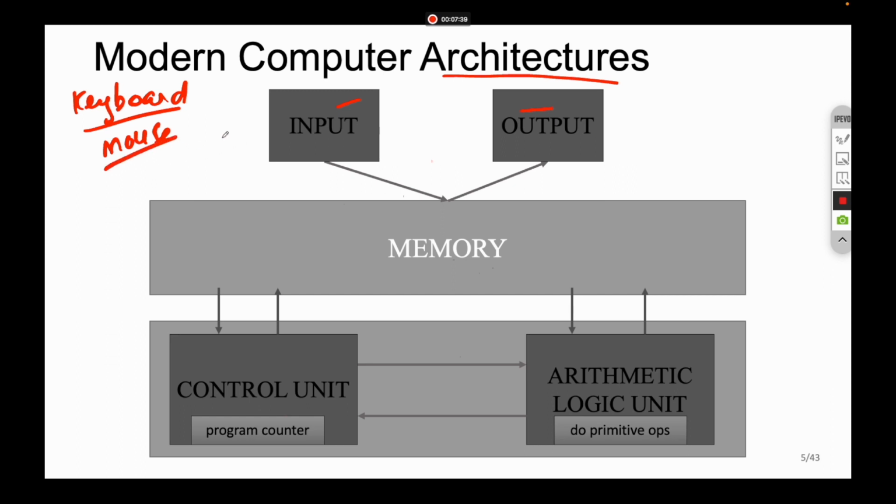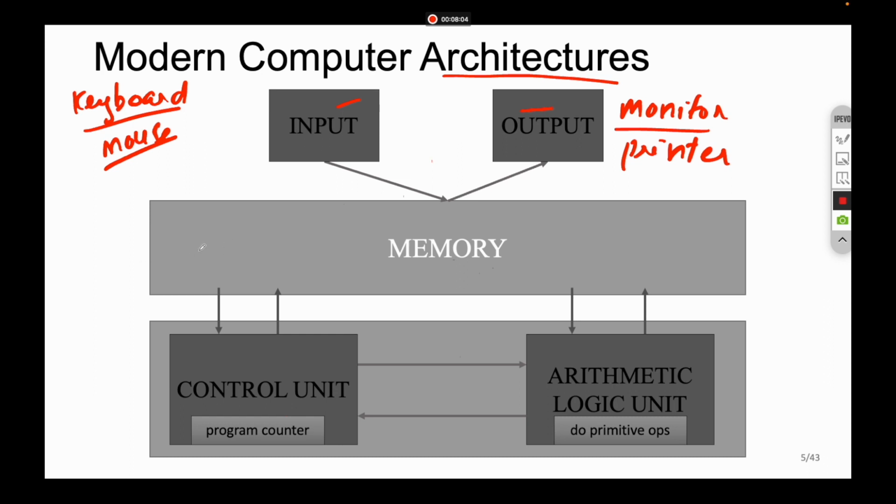The second part is the output, which is the monitor, of course. You can use your monitor to display your information or the output from a function or program. Output can also be a printer.